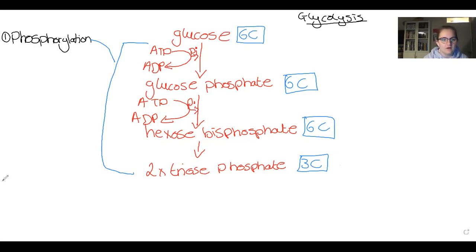The second part of glycolysis is oxidation. That's what I'm going to go through now. So our 2 triose phosphate is oxidized, and it becomes 2 molecules of pyruvate.